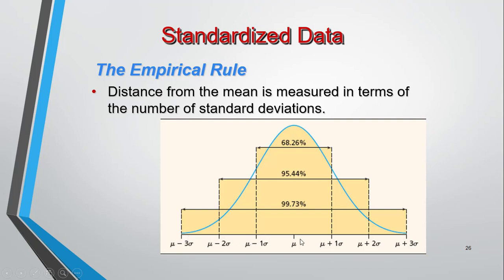If the frequency distribution is a bell-shaped curve, what we call a normal distribution, the empirical rule is telling us that between minus 1 sigma and plus 1 sigma, the area under the curve from here all the way to here, you should have about 68.26% of all the observations.